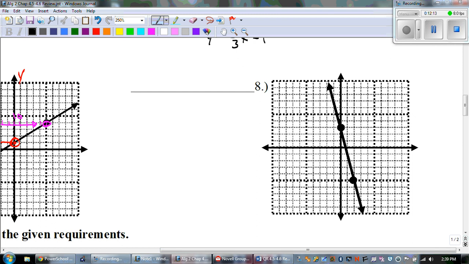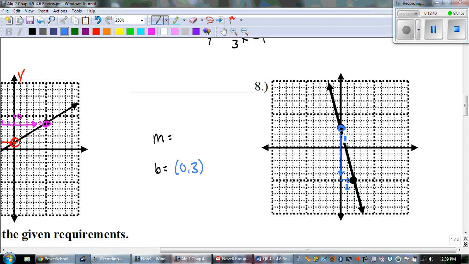Okay, number 8, we're doing the same thing. We need the slope and we need the y-intercept. I noticed the y-intercept right away because it's right there on the point, 0, 3. Now let's see how many we go down. We're falling from left to right, and our run is 2.